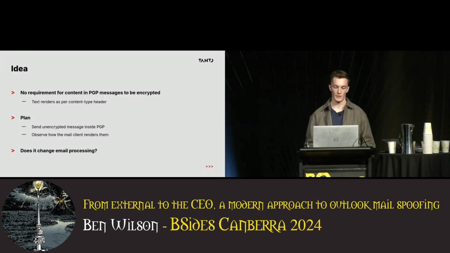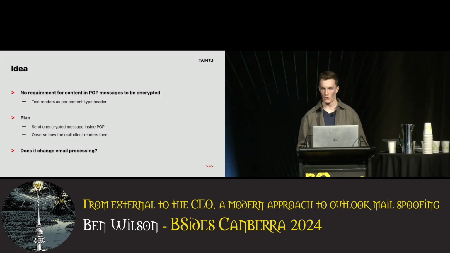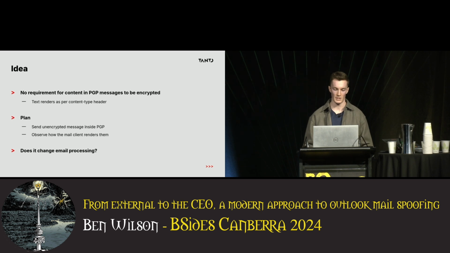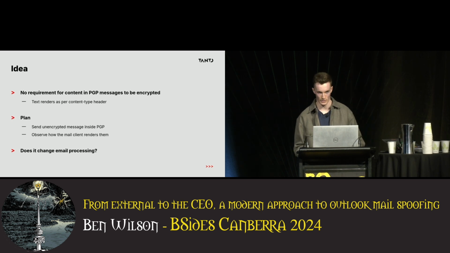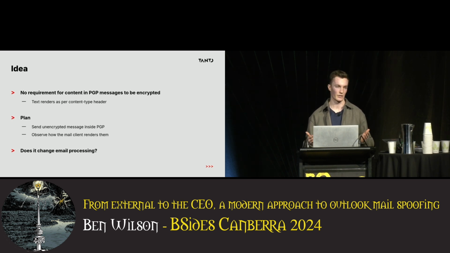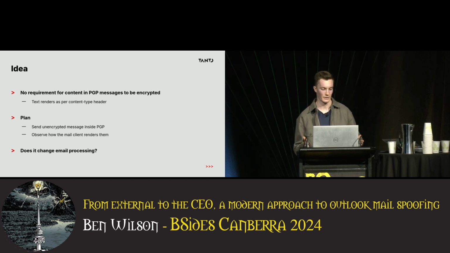So my idea was there's actually no requirement that the content of PGP messages be encrypted, as the text in the content will render as per the content type header. So if I specify plain text in content type, and then I put my PGP indicators, begin PGP message, end PGP message, I can put anything in between those, and the email's still going to send because it's still plain text content.